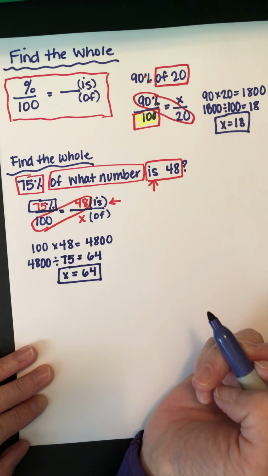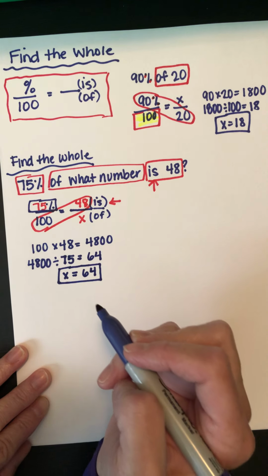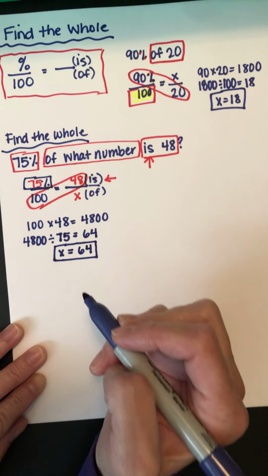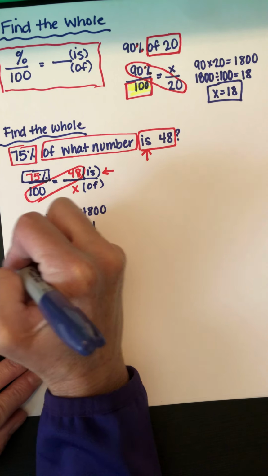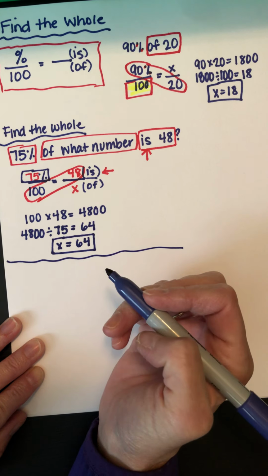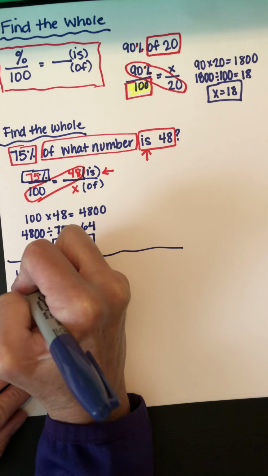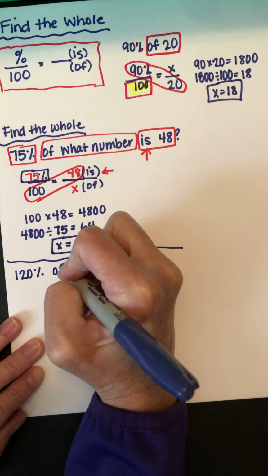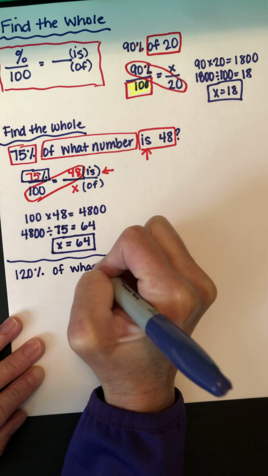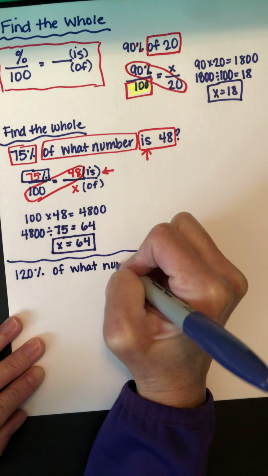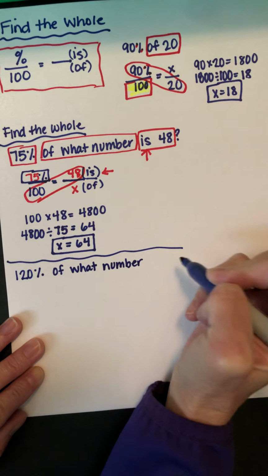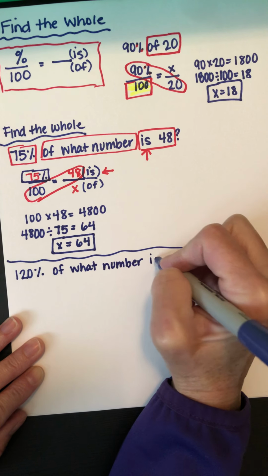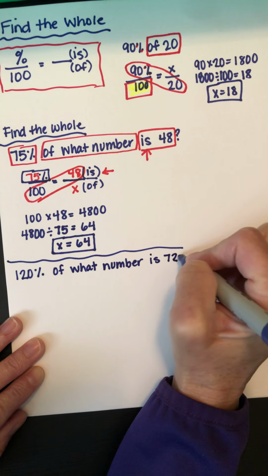The next example is 120% of what number is 72.